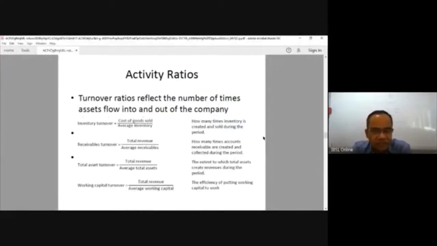So you need to understand why we mention that. Inventory turnover is talking about cost of goods sold, the cost at which we have bought the goods.